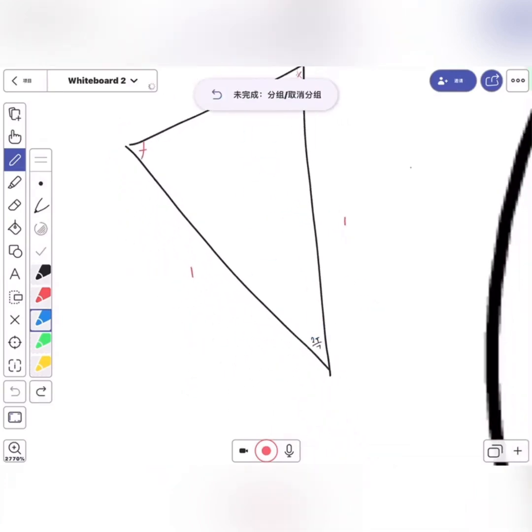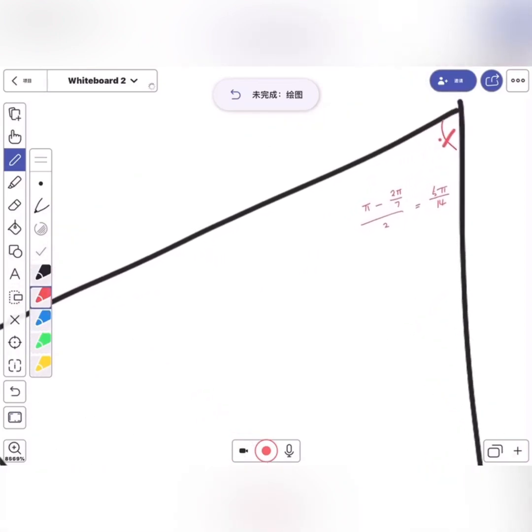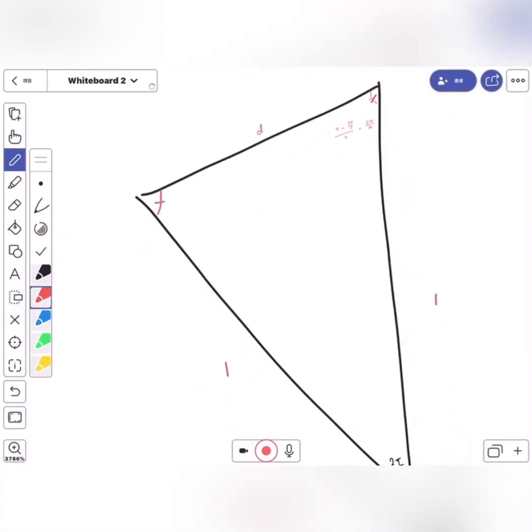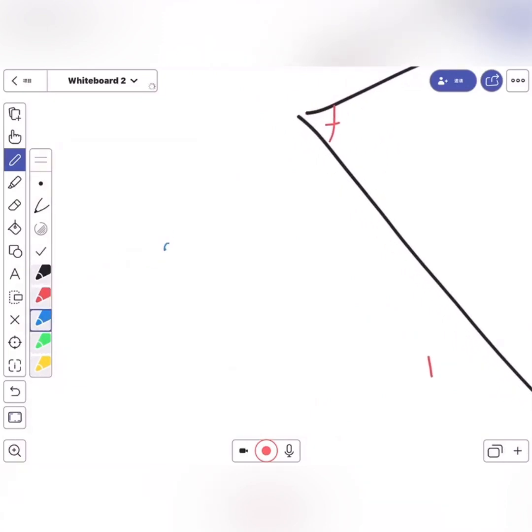Now is a good time to solve by using the law of sines. We're going to say that this one is equal to d. Then from the law of sines, we're going to get d over sine of 2 pi over 7 is actually equal to 1 over sine of 5 pi over 14.